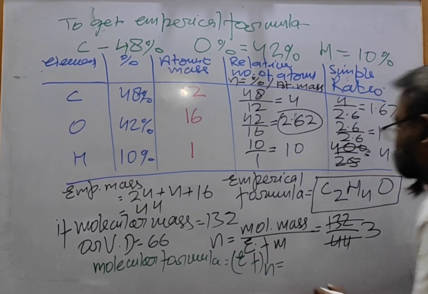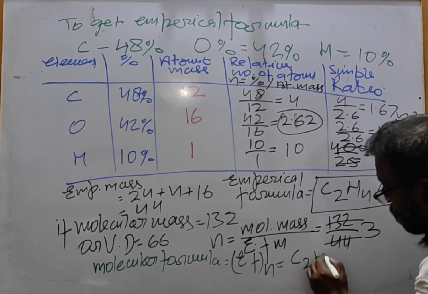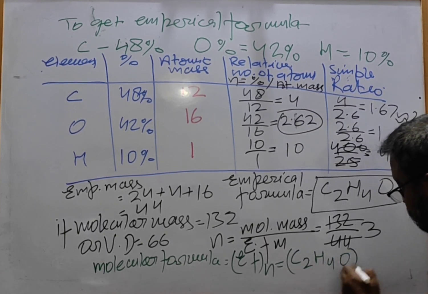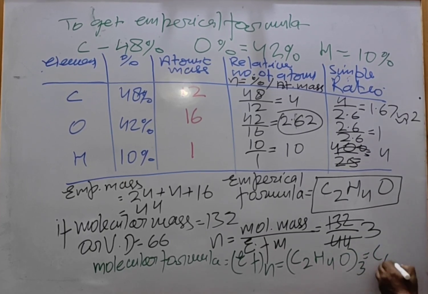So that is C2H4O subscript 3. So we can write C6H12O3.